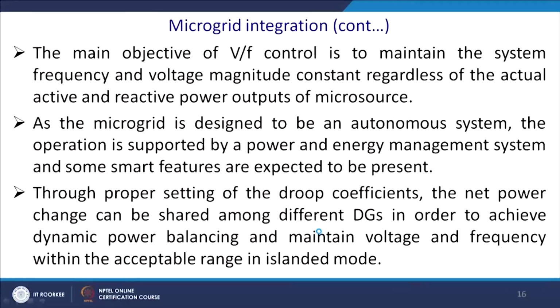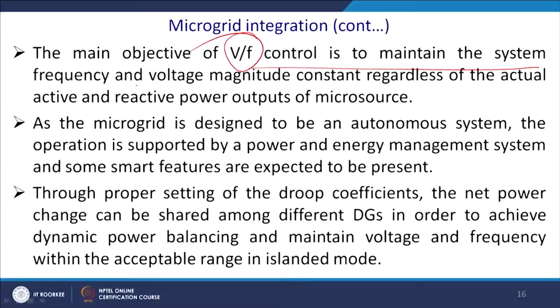And thereafter, the main objective of the V by F control is to maintain the system, because if you control the system frequency with V by F control, then the flux becomes constant. So, the AC system, in the case of the AC microgrid, can run very well. Of course, it is for the AC microgrid or the hybrid microgrid, not for the DC microgrid, but you may have one microgrid running with V by F control and another that you want to integrate to the DC microgrid.